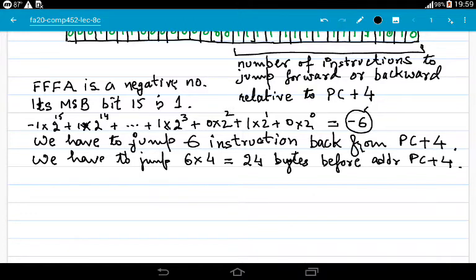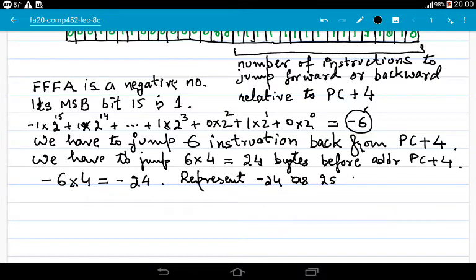Now here the addition operation comes in very handy. So we multiply minus 6 by 4 and we get minus 24, and then we represent minus 24 as a 2's complement number in 32 bits.